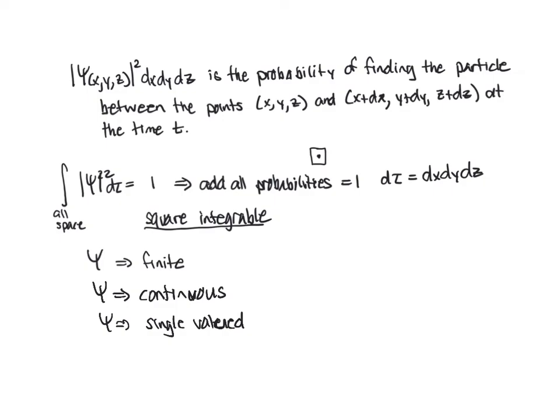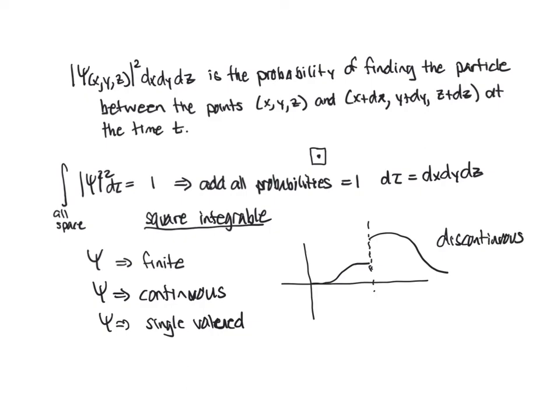So let's see, if I have a function that is continuous, then there's no jumps. If my function is discontinuous, then I might have something that looks like this. And so in this region right here, I don't have a defined value of the function, and so there's no defined probability. That's discontinuous. Can't have that.